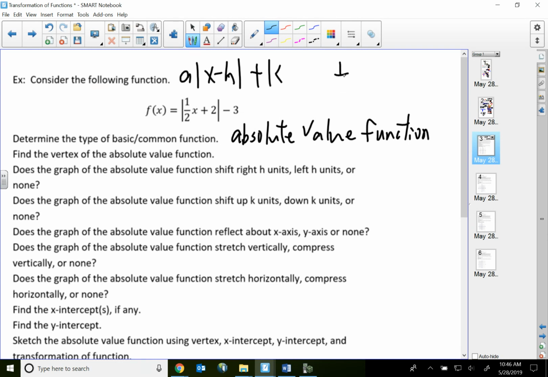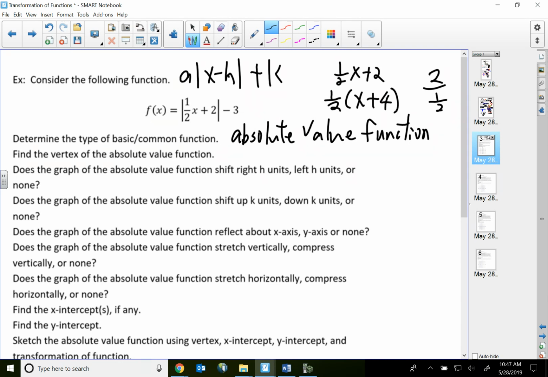For half x plus 2, if I factor out the half, that should give me x plus how much? Remember, factoring is division. Half going into half is one time. Half going into positive 2 is positive how much? 2 divided by half, which is actually 4.